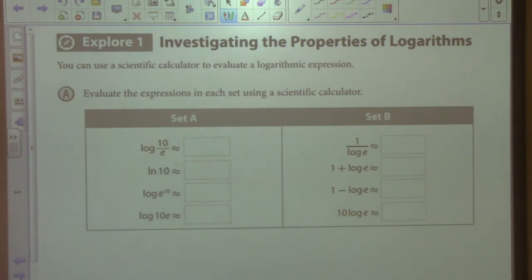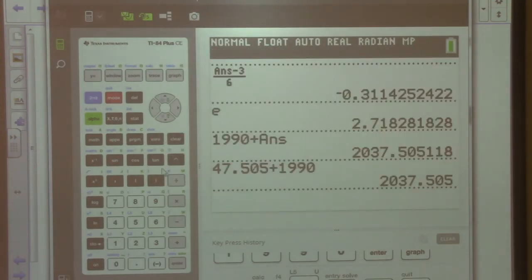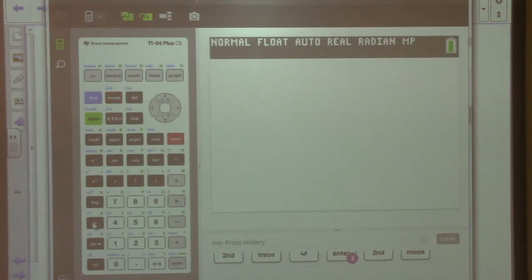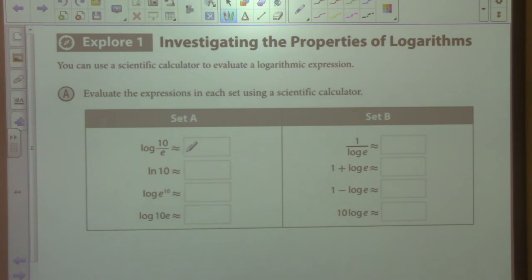So we have the log of 10 over E. We go here and put the log, here's the log, of 10 over E. And E, as I hope you recall, is second division sign. So that's where that is. So we get 0.5657 about. So we put 0.5657.